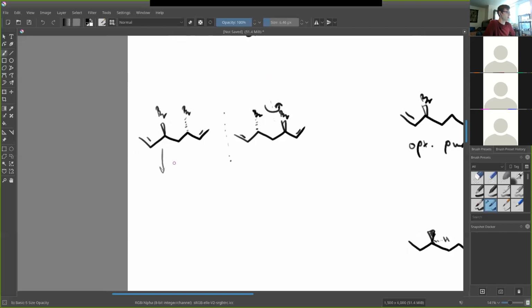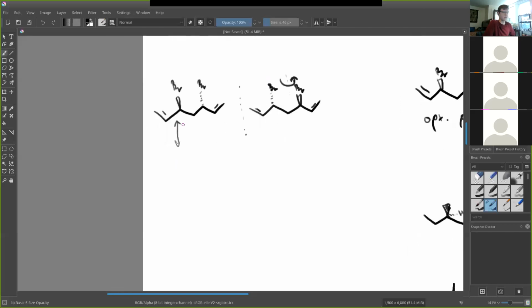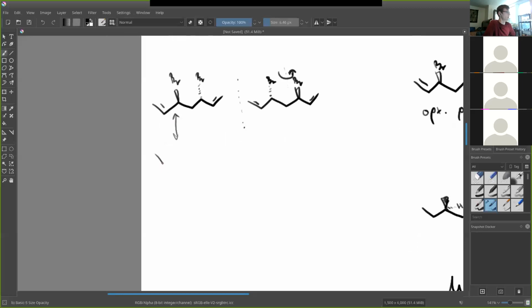Can we redraw the bonds here, or rotate the bonds in a special way? Up to here, let's keep everything the same. We'll only work with one half of the molecule. There's the line we're going to rotate along.